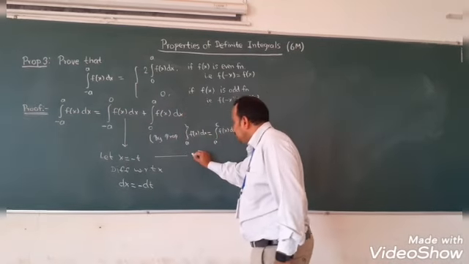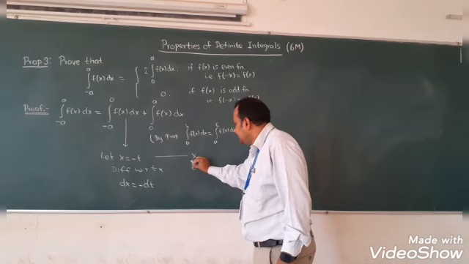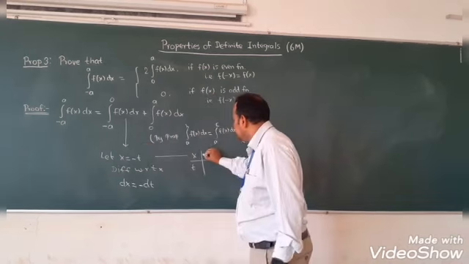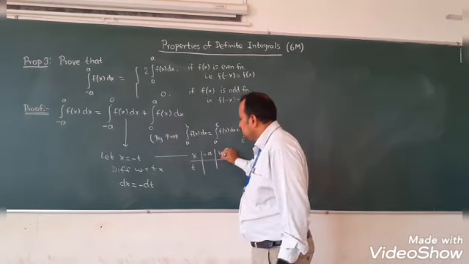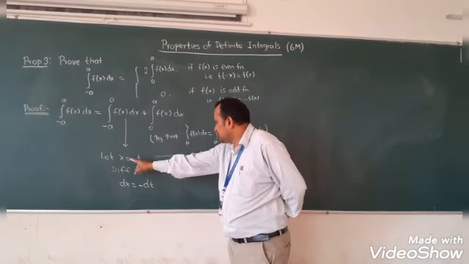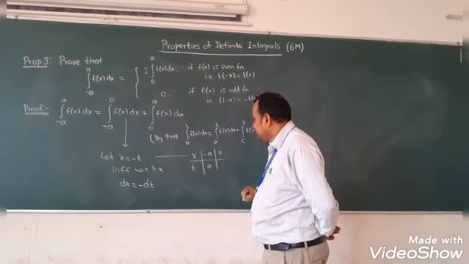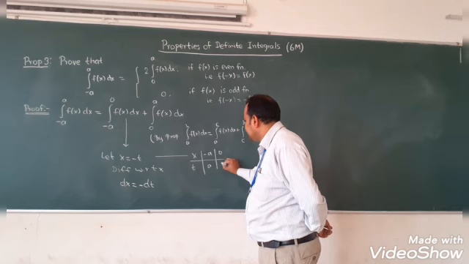So the old variable is x, the new variable is t, right? Lower limit is minus a, upper limit is 0. Now when x is minus a, t is a. I hope it is clear. And when x is 0, t is nothing but 0.